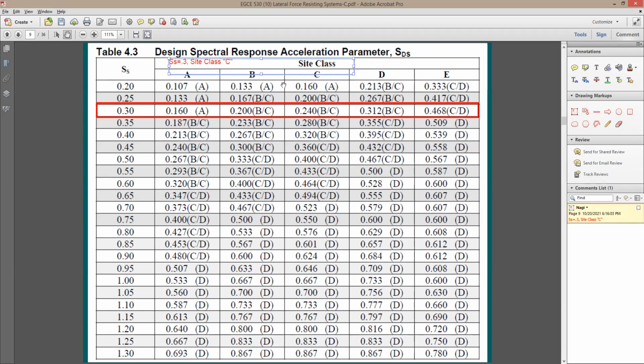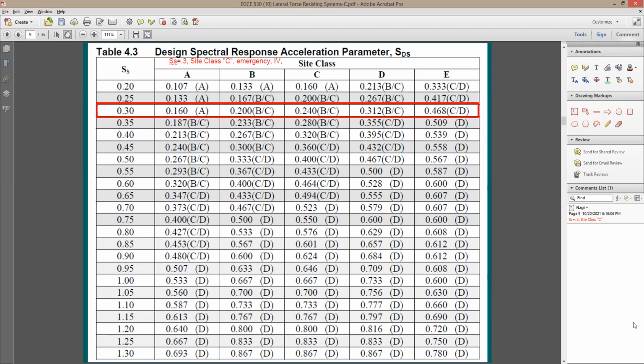What else? I'm going to say the use of this structure is going to be an essential facility. What's an essential facility? Like an emergency facility. What does it mean by that? I'm going to have here seismic, it is going to be risk category what, 4? Is it 4? Yes. It is going to be 4.